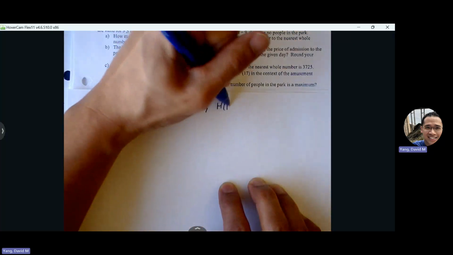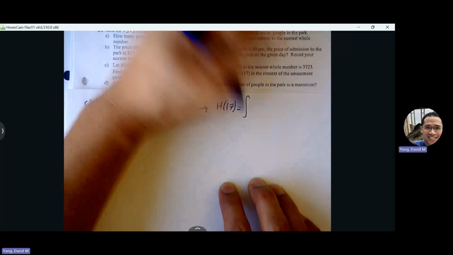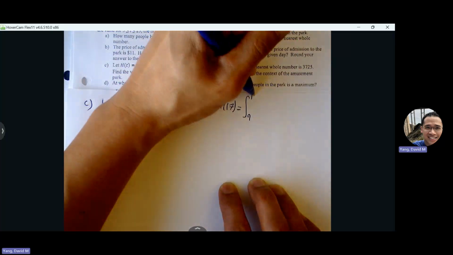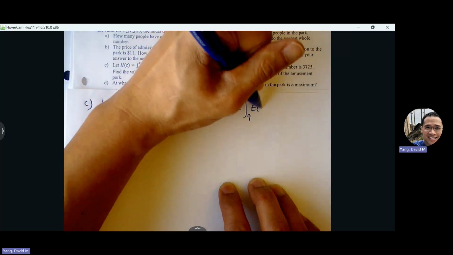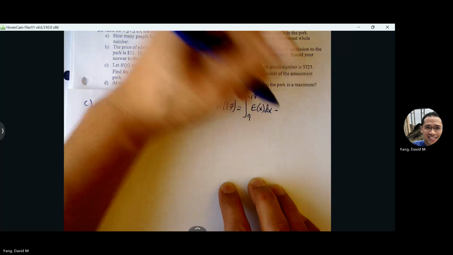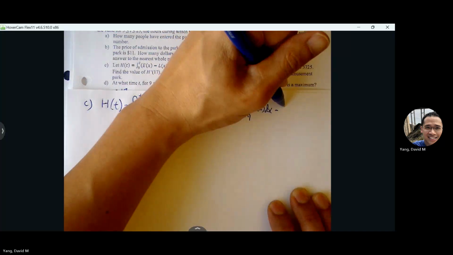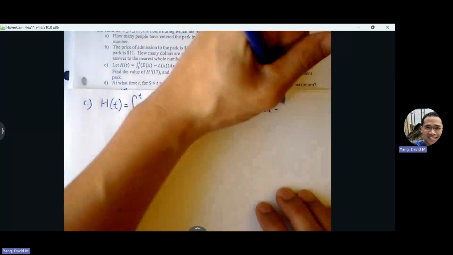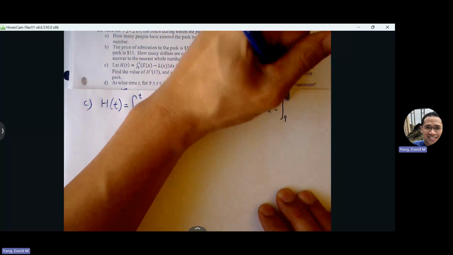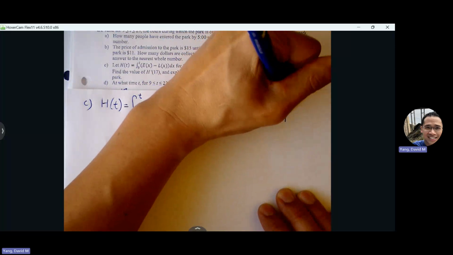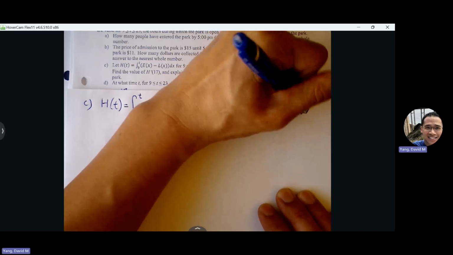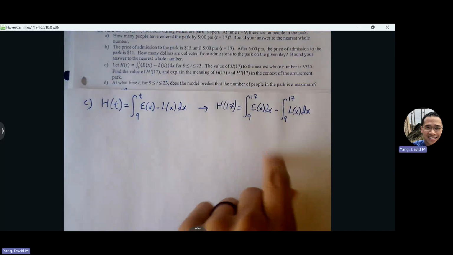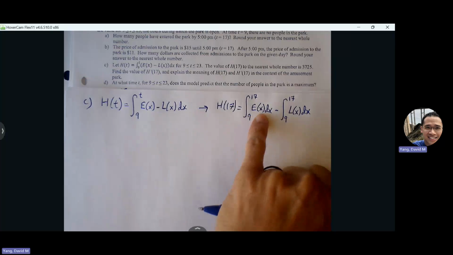So that means h of 17 would be the integral from 9 to 17 of E of x minus L of x. Now, that L of x is also getting its integral. I just want to separate them to make it a little easier to think about in terms of what it means. So what do you think this means here?